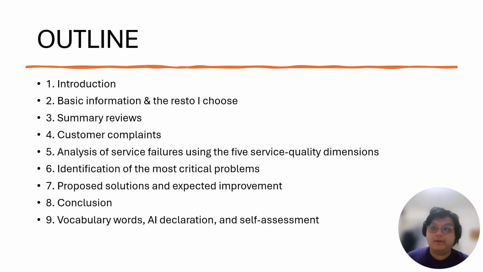I'm gonna organize what the customers are complaining about and what they're focusing on, and analyze service failure using the five service quality dimensions, and identify the most critical problem that this restaurant is facing, and the proposal of the solution that I've given and my reflection on the improvement of it, and the conclusion, the vocabulary that I've learned, and declaration and self-assessment.